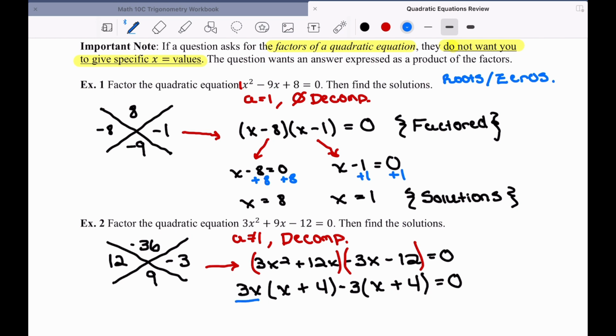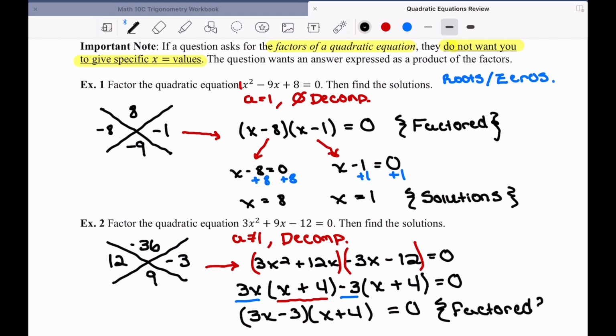I take the outside terms and pair them together, and then take one of the common bracket. We have x plus 4 written twice, but we only need to write it once. So we have 3x minus 3 with x plus 4 is equal to 0. That's our factored form for this quadratic equation.